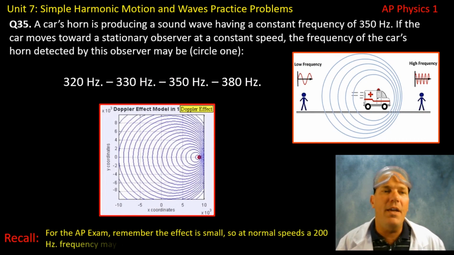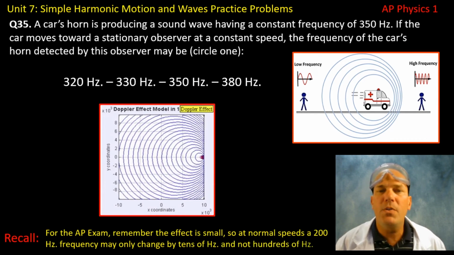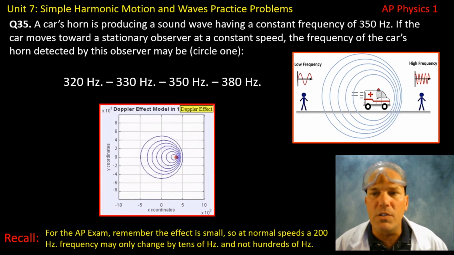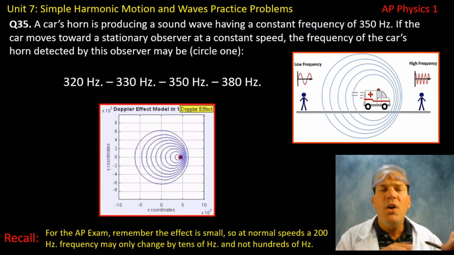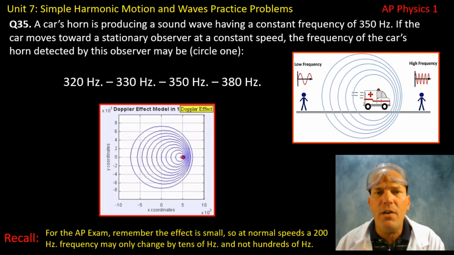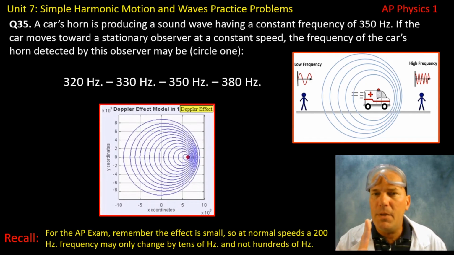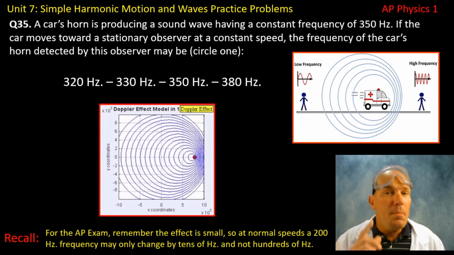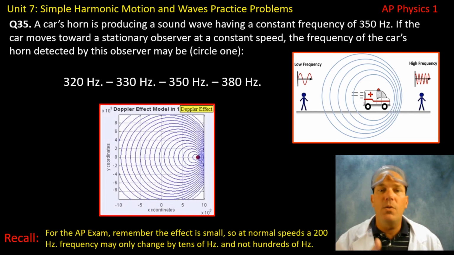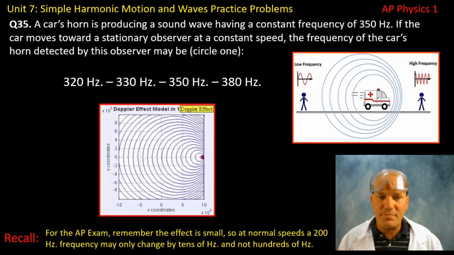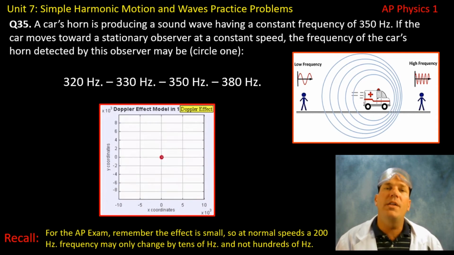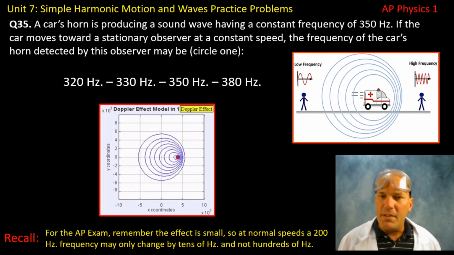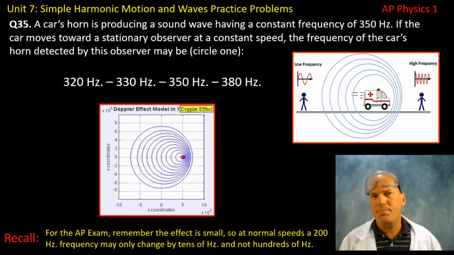Question 35. A car's horn is producing a sound having a constant frequency of 350 hertz. If the car moves towards a stationary observer at a constant speed, the frequency of the car's horn detected by the observer is going to be which of the following? Please recall, in the preceding facts for the AP exam, this effect, the Doppler effect, it's small.